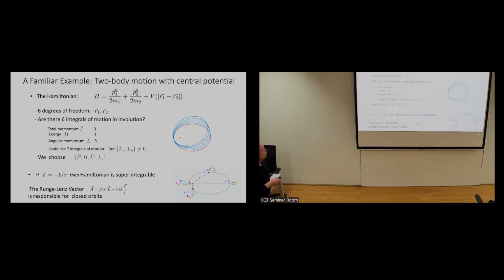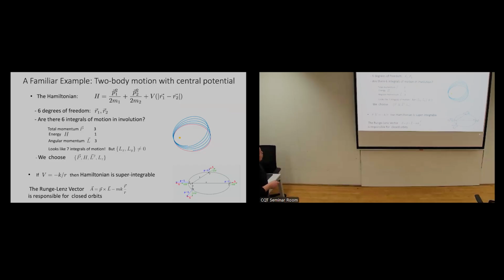So the total momentum P is conserved because it's translationally invariant. The energy is conserved because it's time independent, and because the potential depends only on the absolute value of the distance, the angular momentum is conserved.